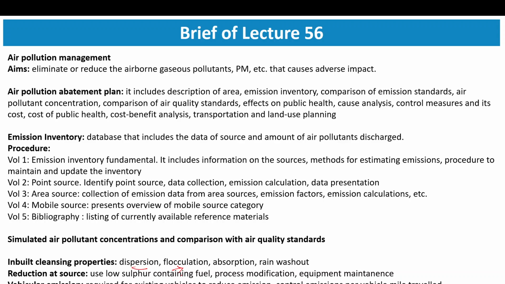And flocculation is nothing but precipitation because of the formation of flocs, which are bigger particles. So small particles convert into bigger particles, and bigger particles are easier to settle. For example, particulate matter, if they are able to form flocs and settle, then it will not harm our lungs, right?